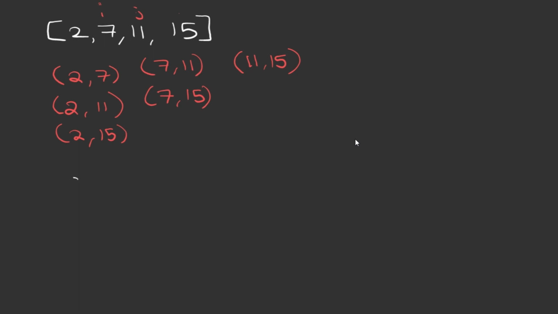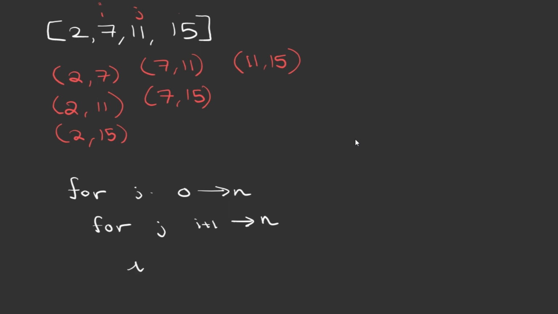If I write this out in pseudocode, it's simply a for loop that goes from 0 to n, where n is the end of the list, and another for loop, j, which goes from i plus 1 to n.